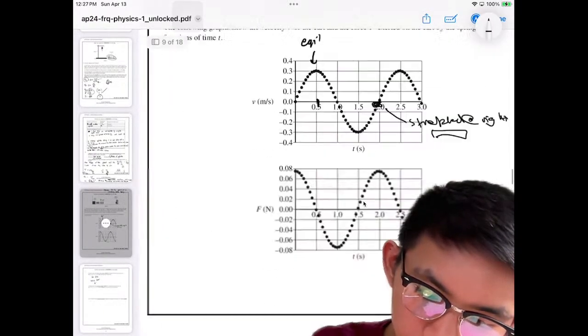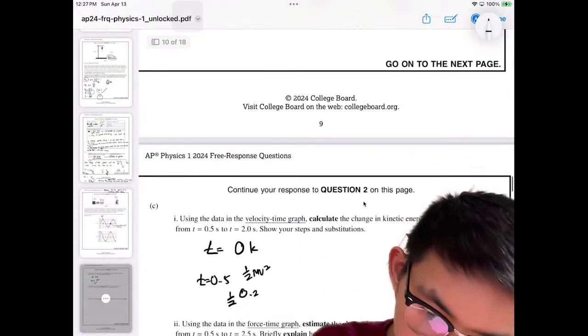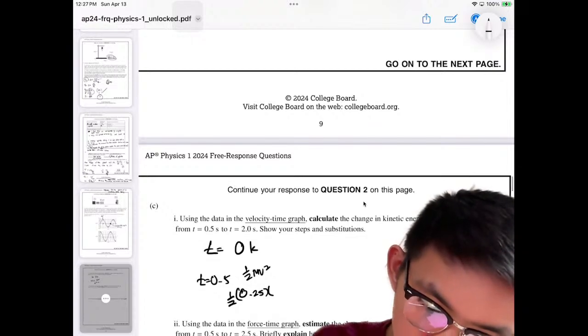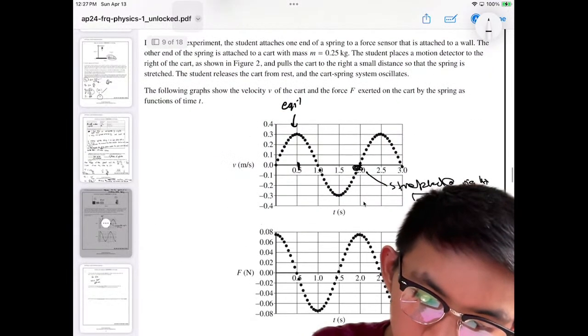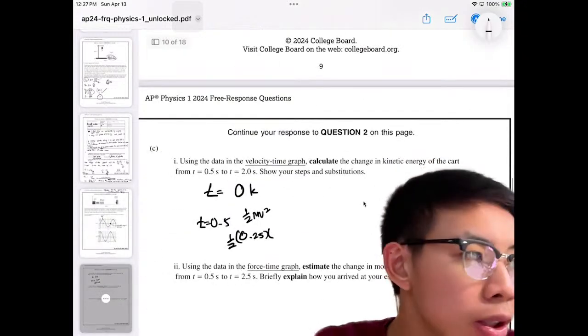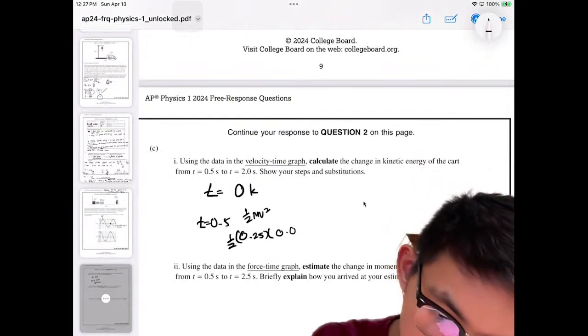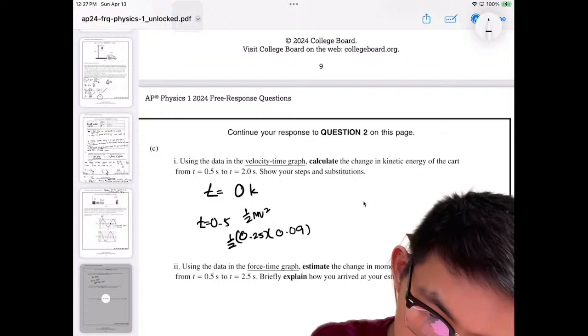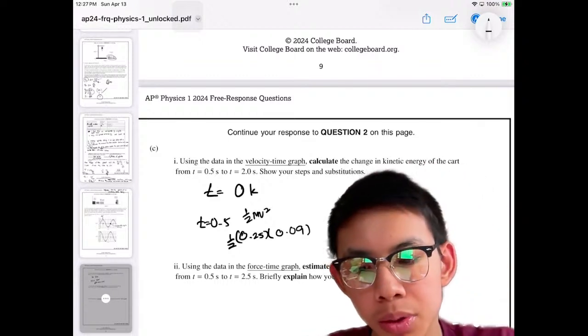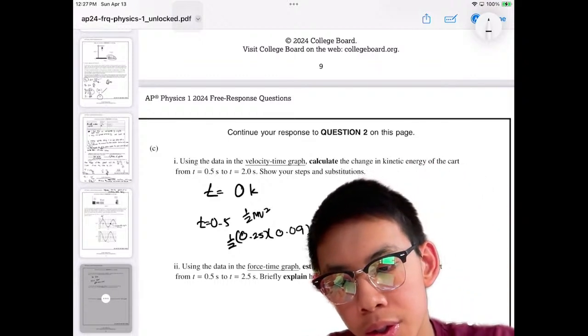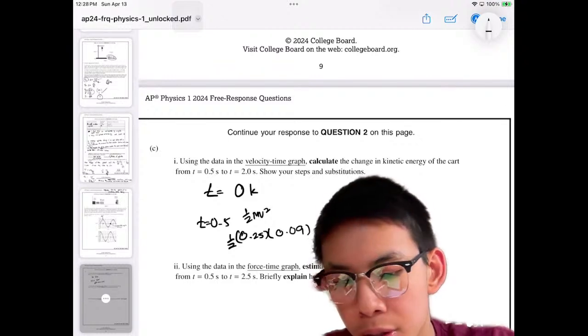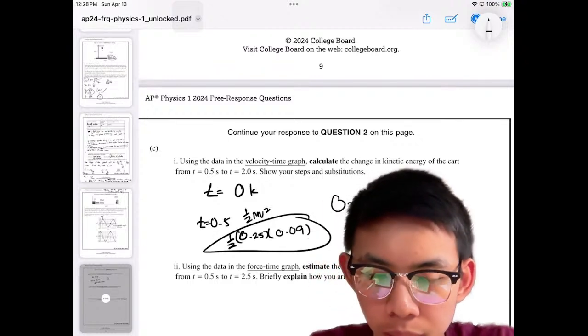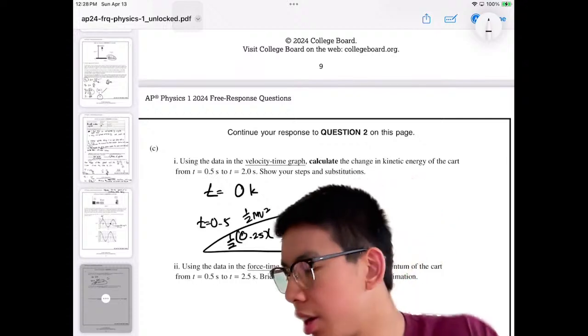What's the mass? 0.25. V squared? What's V? 0.3. 0.3 squared is 0.09. So it's going to be 0 minus this whole value, I think.